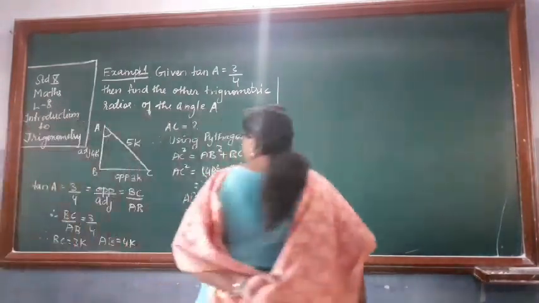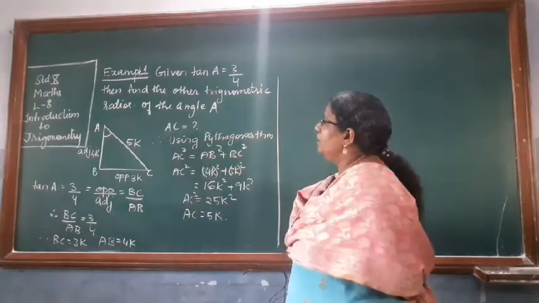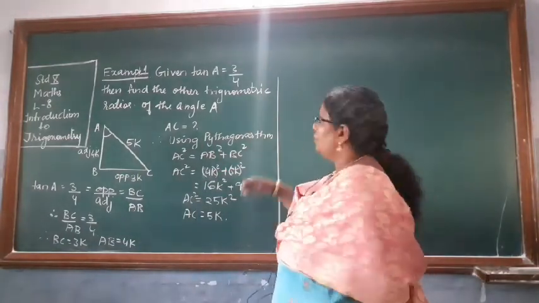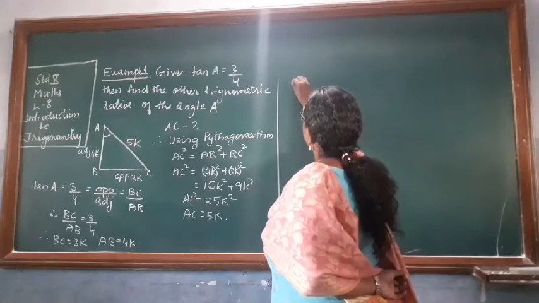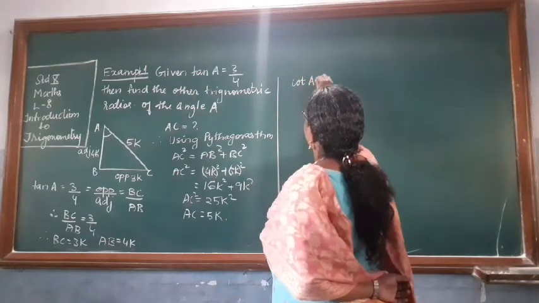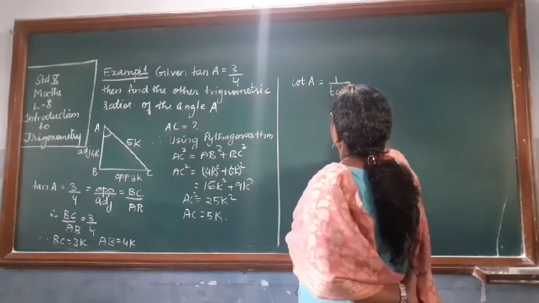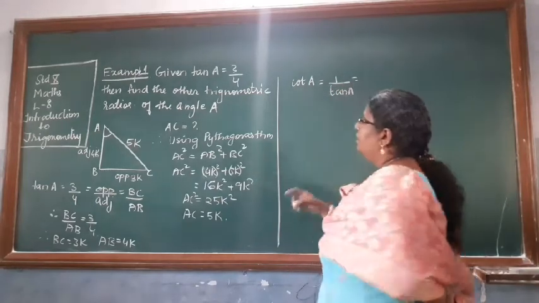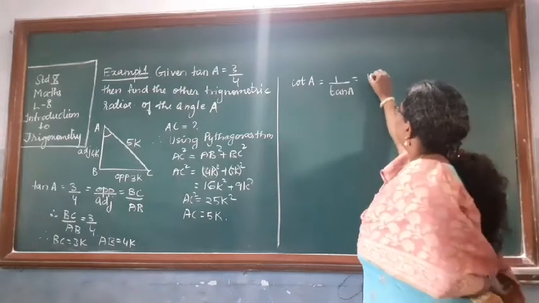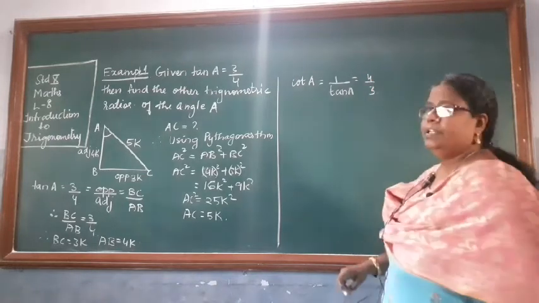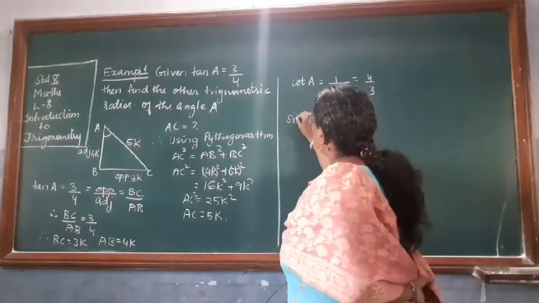Now tan A is given, no? You are supposed to find other trigonometric ratios. So let me first find cot A. Cot A is inverse of tan A. Inverse of tan A means it will become 4/3. Then what will sin A be?